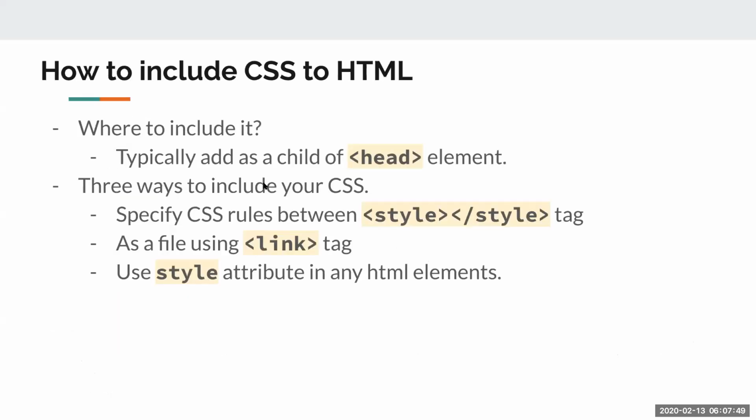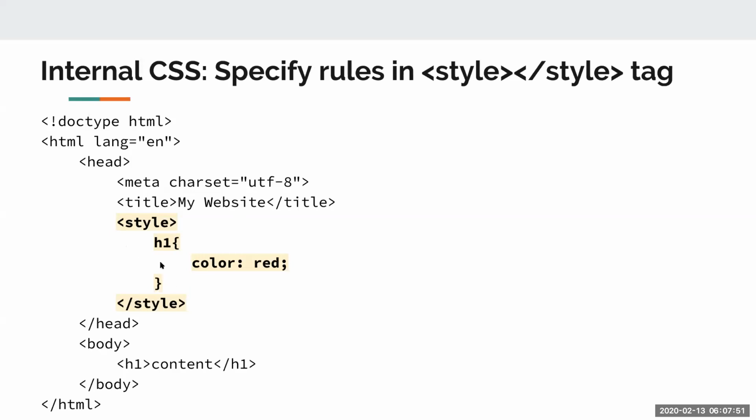If you want to add a style tag and then specify all the rules within an HTML file, which means that every HTML file should have a style tag. And if you want to change the theme, maybe your website has 20 different files, and every file has a style tag. If you want to update the font color of the entire website, you would have to change it 20 times.